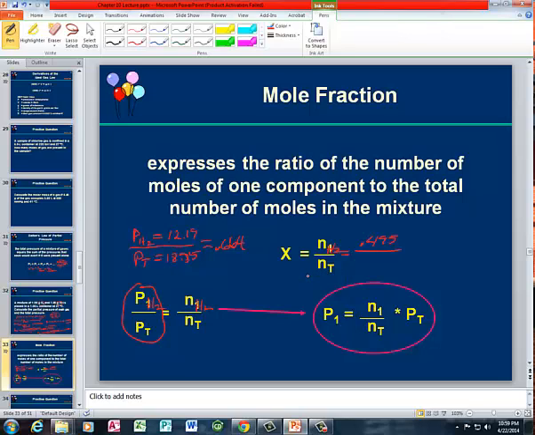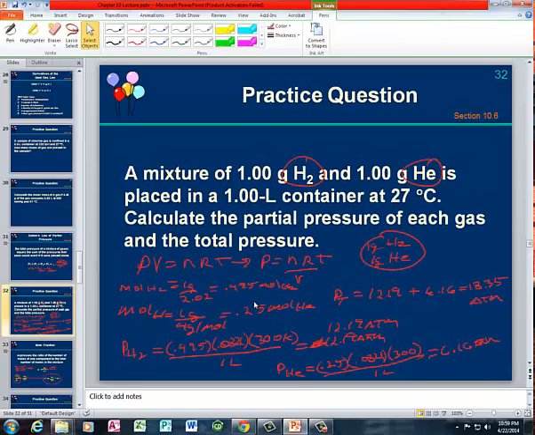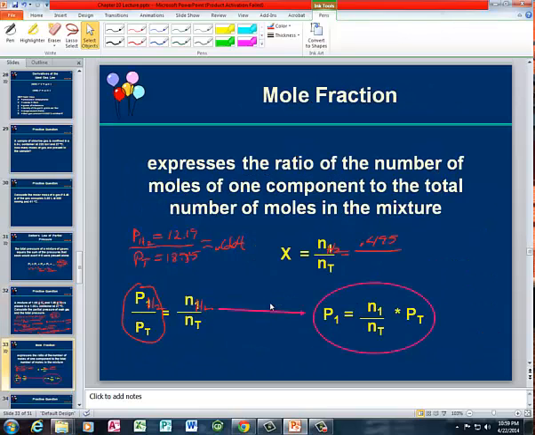Now, the total number of moles will be the number of moles of hydrogen, 0.495, plus the number of moles of helium, which was 0.25. If we add 0.495 to 0.25, we get a total number of moles of 0.745.